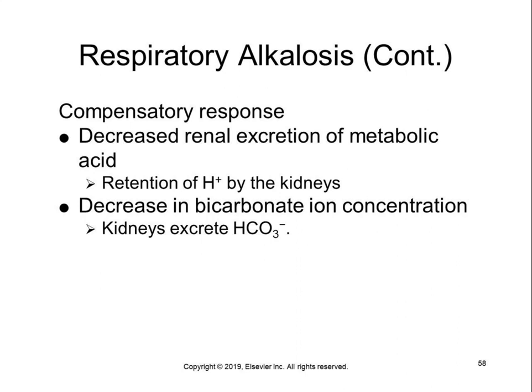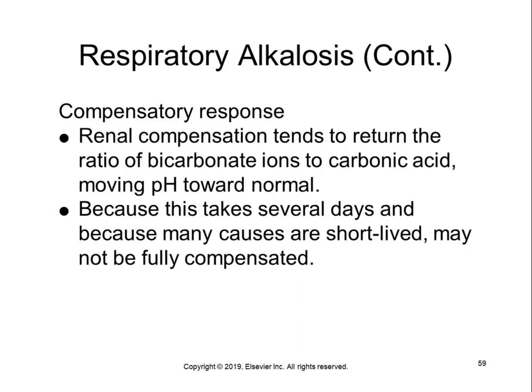Compensatory response: decreased renal excretion of metabolic acid, retention of hydrogen by the kidney, decrease in bicarbonate ion concentration, the kidney excretes bicarbonate. Renal compensation tends to return the ratio of bicarbonate ions to carbonic acid toward normal, moving pH toward normal.